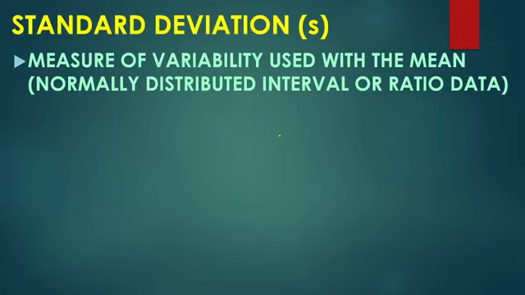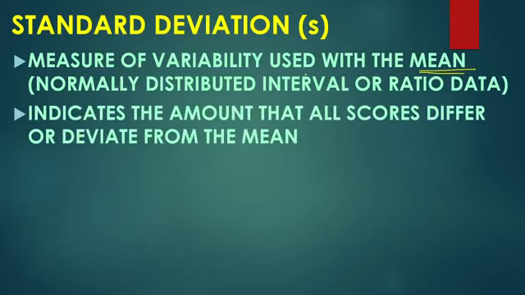So, kung ang ato ang range, gamiton siya if ang gigamit nato kay median ug mode, ang standard deviation, this is used with the median. Okay? So take note, the standard deviation is used with the median. I mean mean. Sorry for that. That's mean.